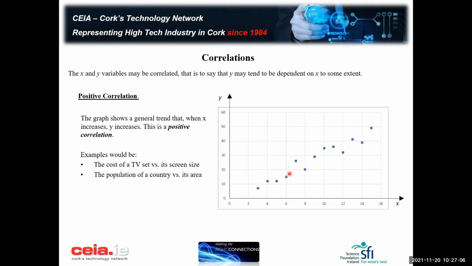But for the most part, there is an increase in y when there's an increase in x. And you could imagine many such relationships. Population of a country, for example, tends to be related to its area. So larger area would generally produce larger populations. You'll find exceptions to that.